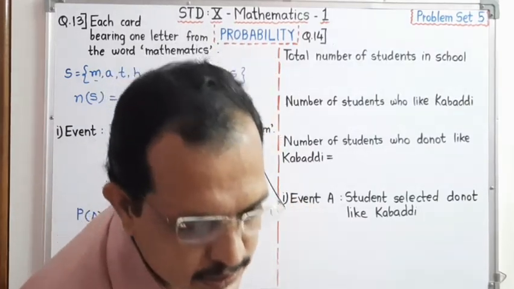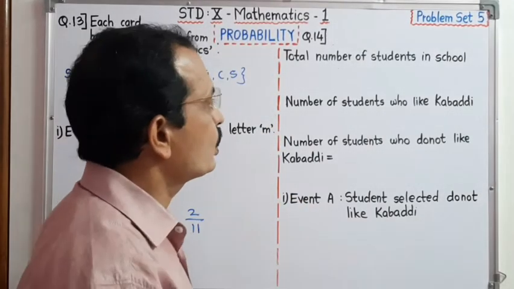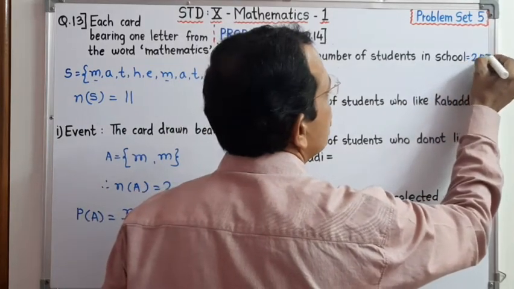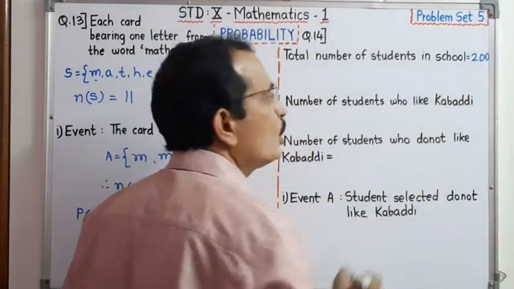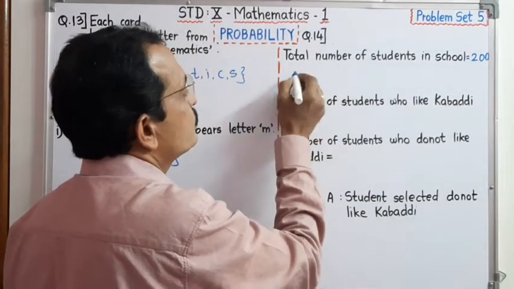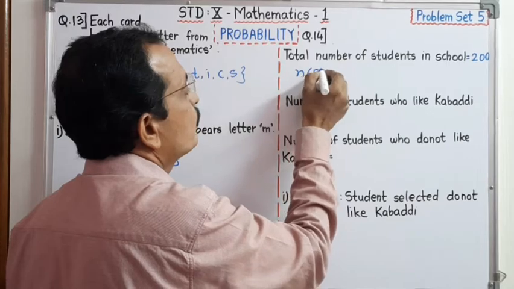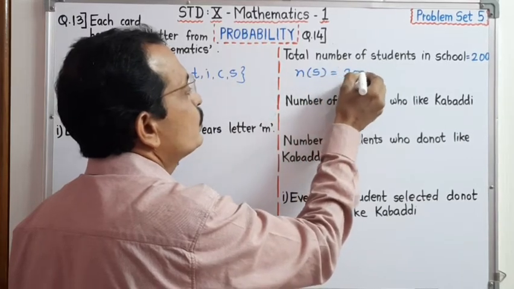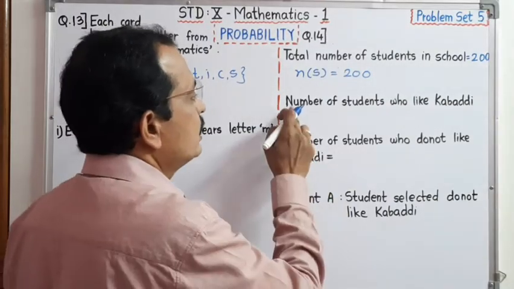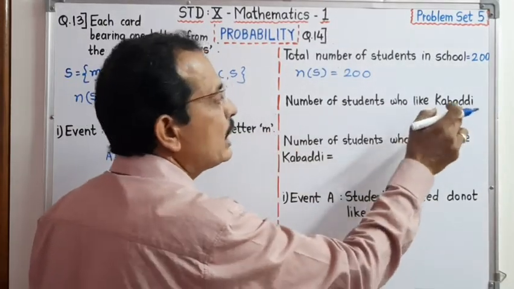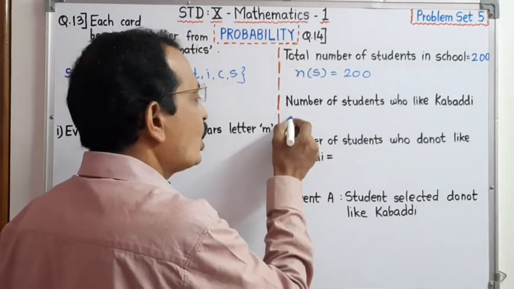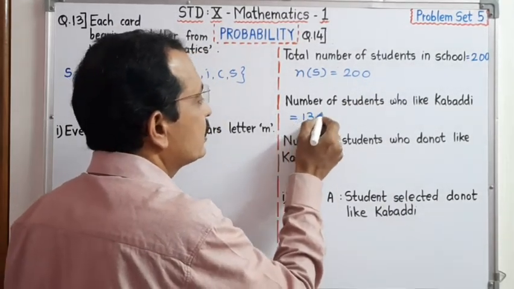Dear student, first of all, there are total how many students? There are 200 students, therefore we can write here n(S) is equal to 200. Now out of these 200 students, the number of students who like kabaddi is already given, it is 135.